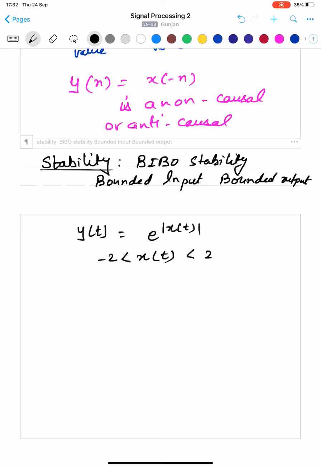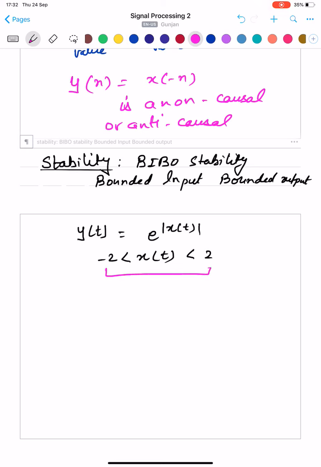So in this case of y(t) equals e raised to the power mod of x(t), if my input is restricted between minus 2 and 2, my output y(t) is less than e raised to the power 2.